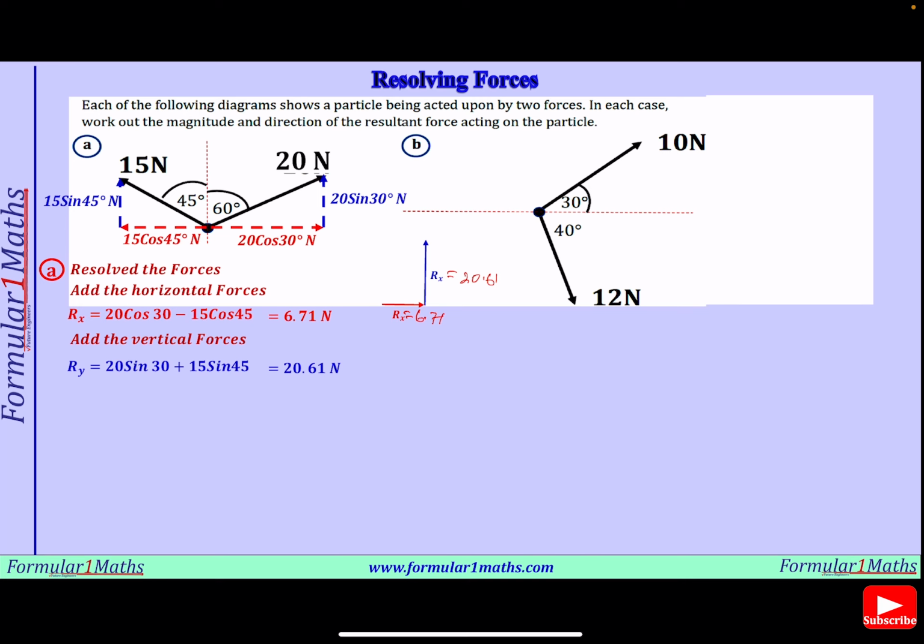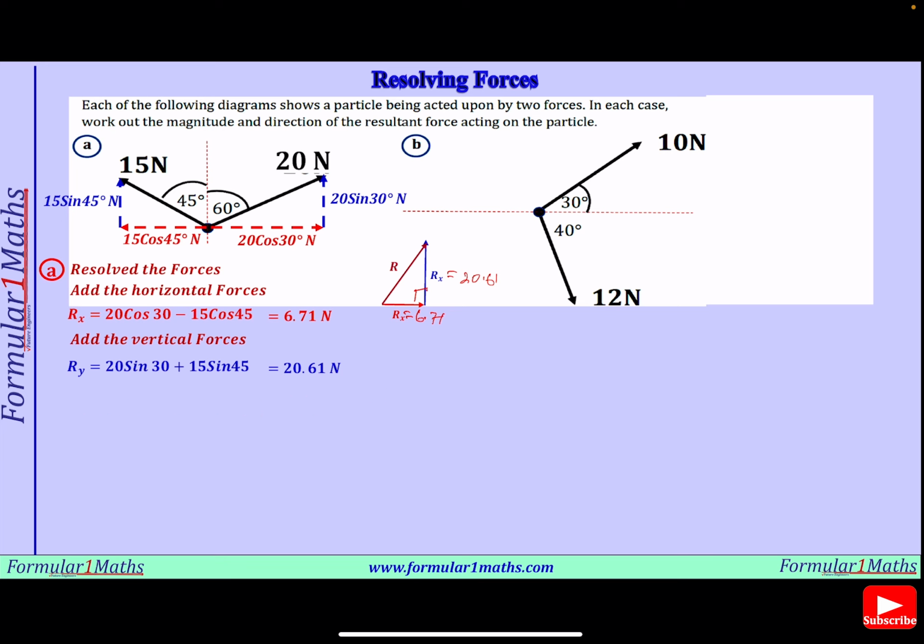And to get the resultant, we need to add the two vectors. And this means a vector that will run from the tail of the first vector to the head of the second vector. And that will be this. So that is the resultant force. And so we can use Pythagoras' theorem because this angle here is 90 degrees.